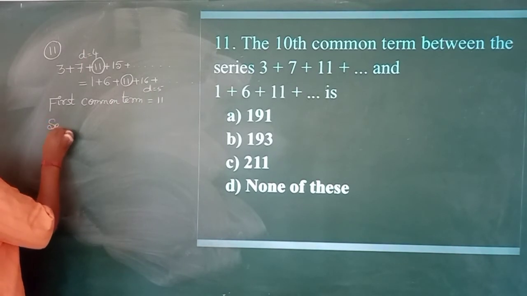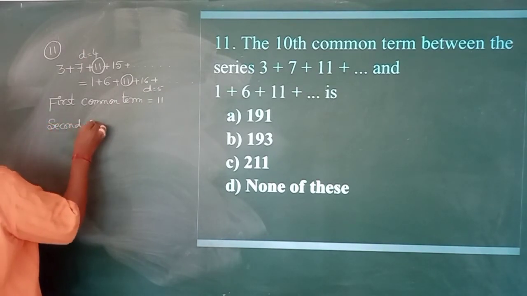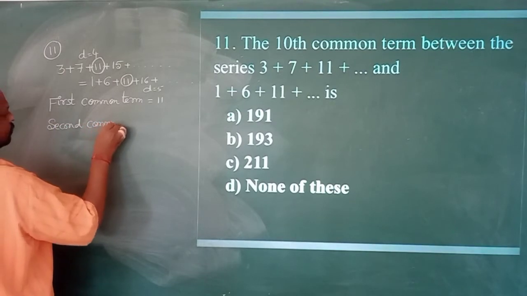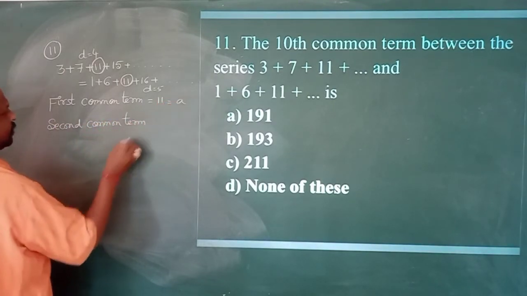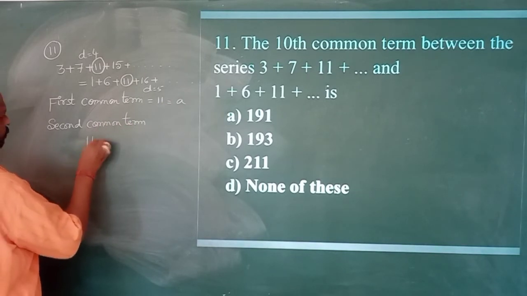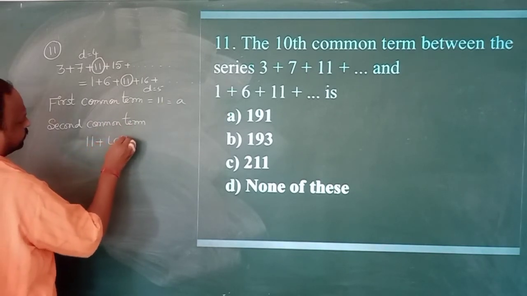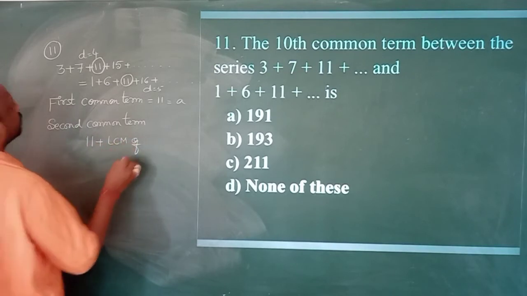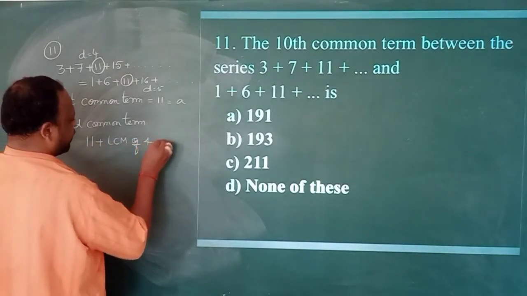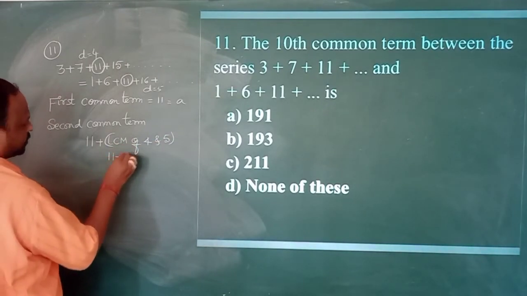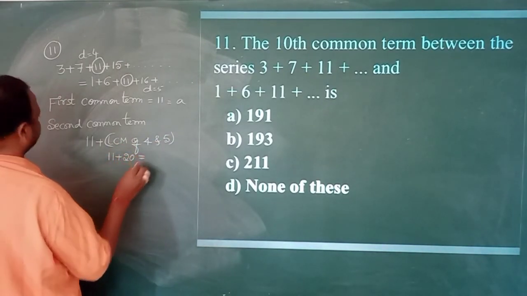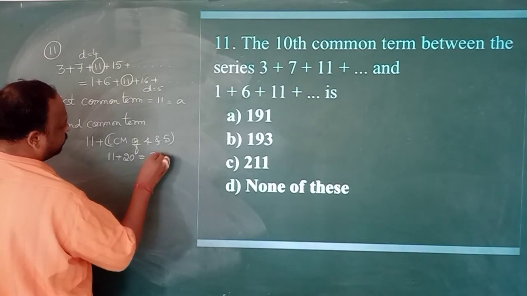Second common term: this will be the first term, 11 plus LCM of 4 and 5, that is 11 plus 20, that is equal to 31.